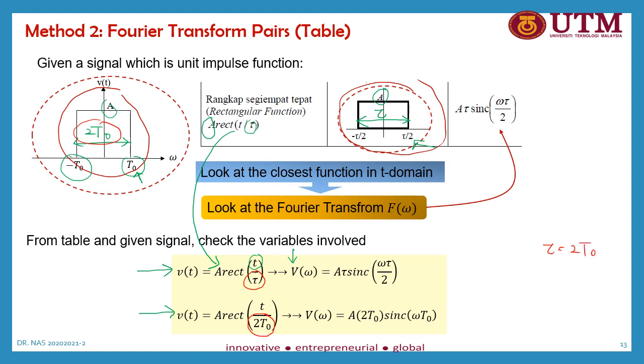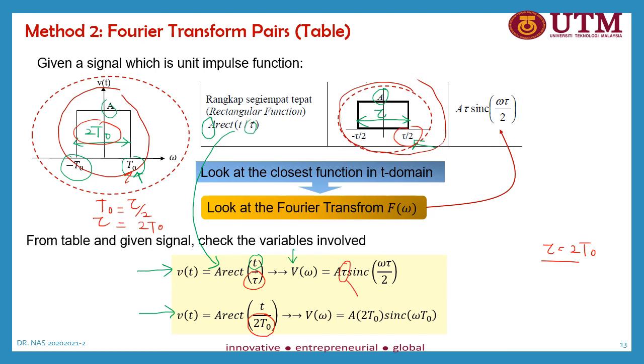Or from the function, you can see that your T0 is equal to tau over 2. So tau is equal to 2 T0. So now look at the equation in Fourier transform. A tau. So now you know that your tau equals 2 T0.